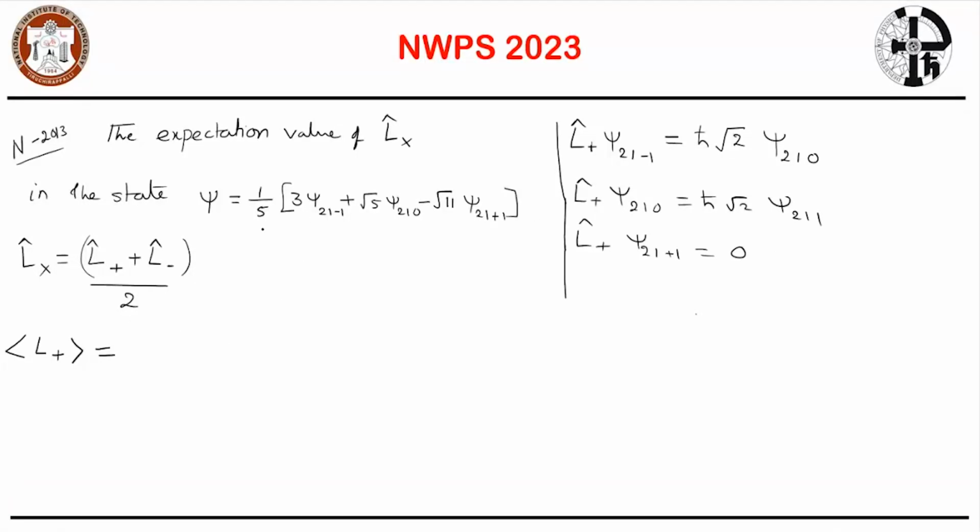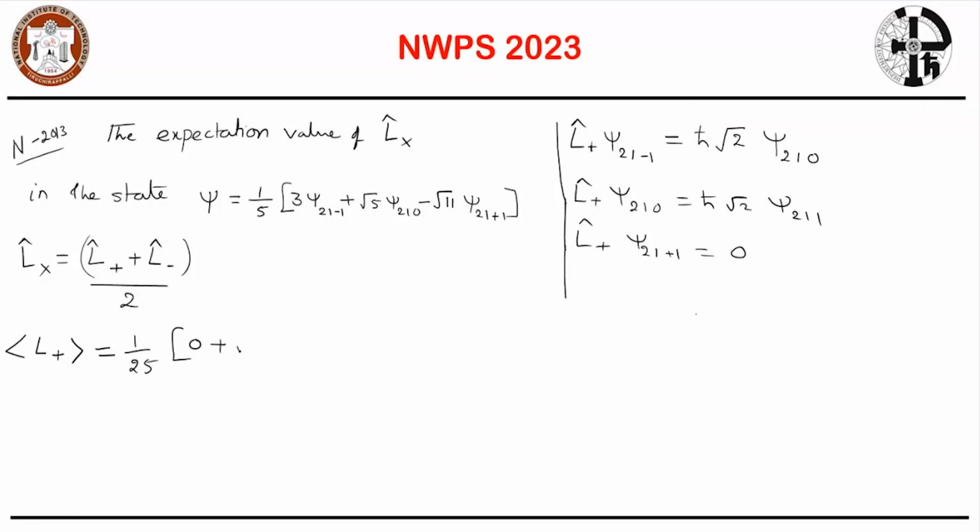We have this setup, so we can say 1 over 5, and 1 over 5 is 1 over 25. There is no psi 2, 1, 1 going with a partner on the other side, so the first one is 0. Psi 2, 1, 0 goes with psi 2, 1, 0.